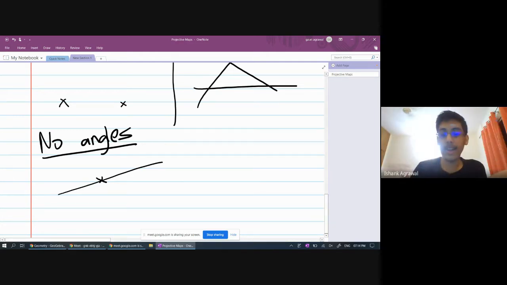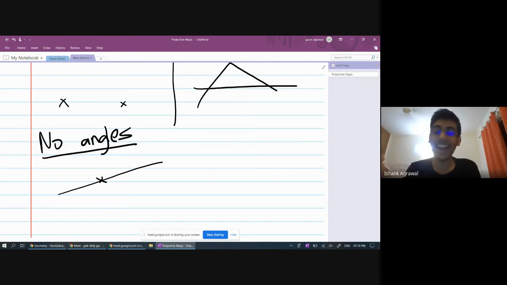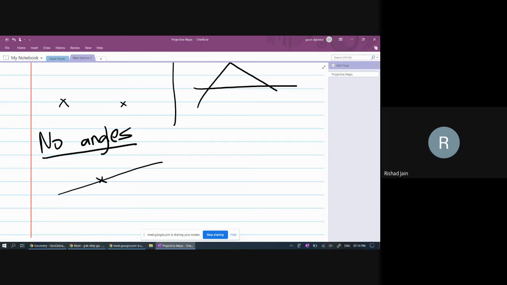No, so there are angles, but there's no concept of an angle. Like you can't say that two angles are equal. You can't say that angle A plus angle B is 180. You can't measure angles. Of course there are angles like that, but there is no defined notion of it. That is, there is no notion of equality or inequality in terms of angle, right?